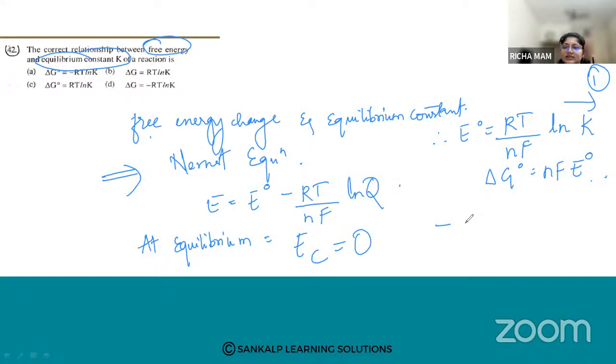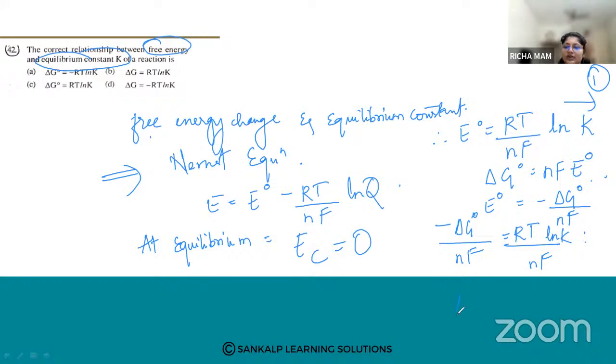What is E naught from here? E naught is equal to minus delta G naught upon NF. So put this value: minus delta G naught by NF is equal to RT ln of K by NF.